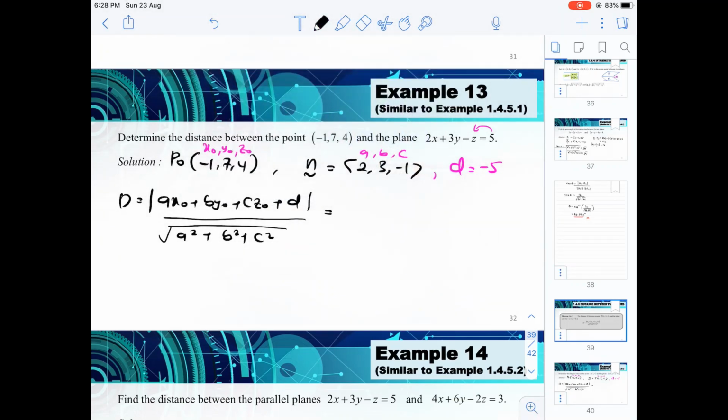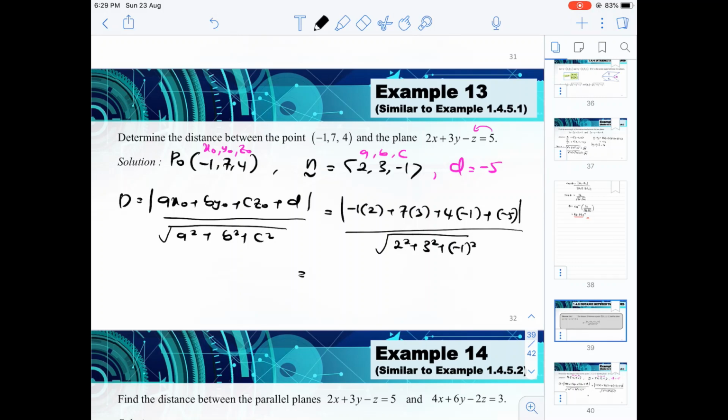So let us substitute all the values into this formula. We have negative 1 multiplied by 2 plus 7 multiplied by 3 plus 4 multiplied by negative 1 plus negative 5, divided by the square root of 2 squared plus 3 squared plus negative 1 squared.